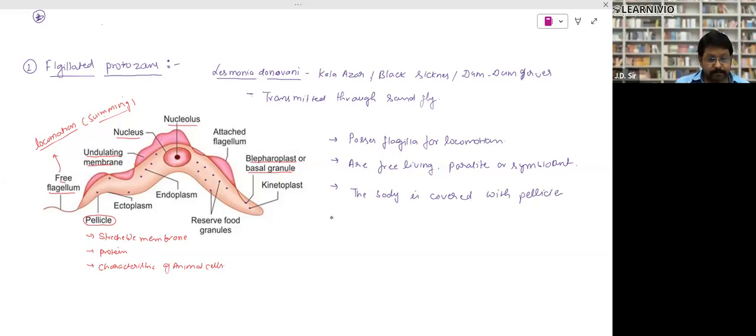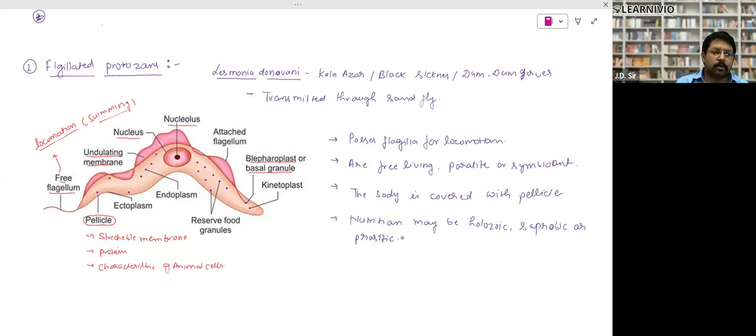Nutrition may be holozoic, saprobic, or parasitic.